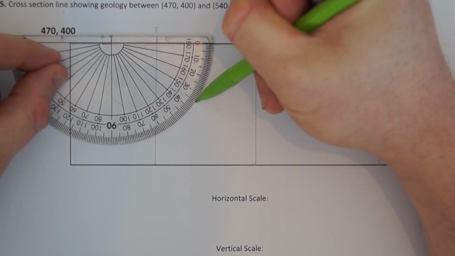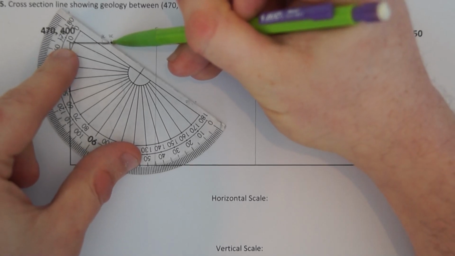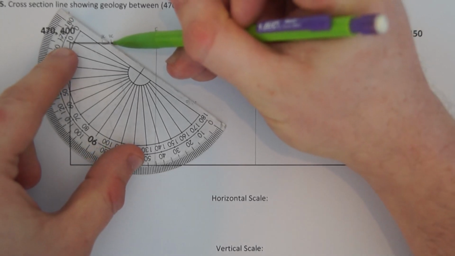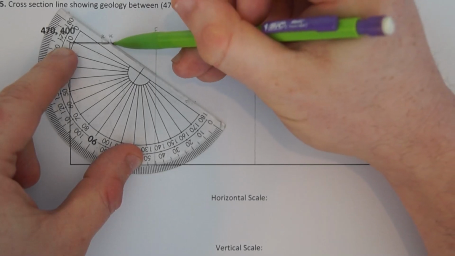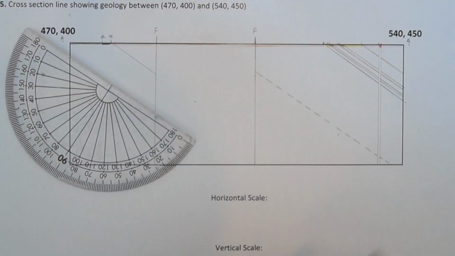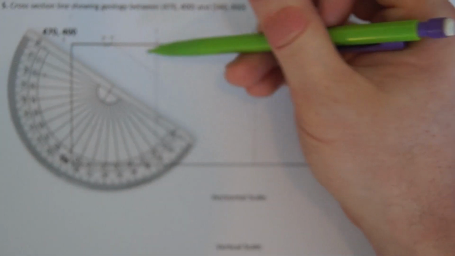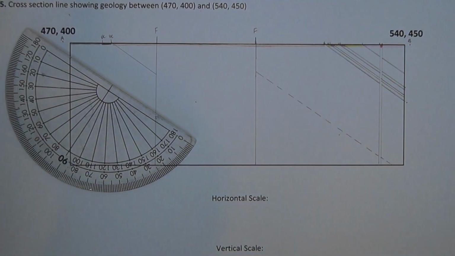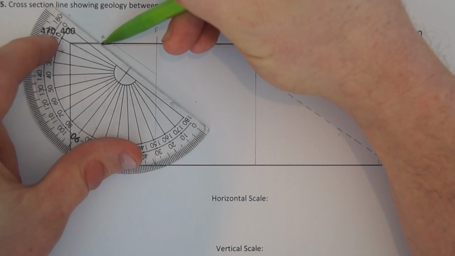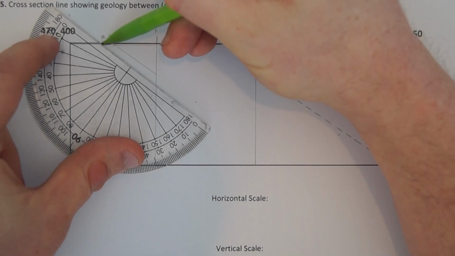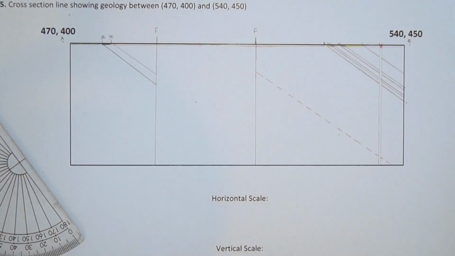I've lined up the point on the surface of the cross section, projected it to 35 degrees, and I'll just join them up, but I'll stop when I hit that fault surface, because at the moment I'm not certain how much slip has occurred along that fault, so I don't really know where it's going to continue. So I'll do the same thing for the base of the coal measures. Get that in at 35 degrees and we're golden.